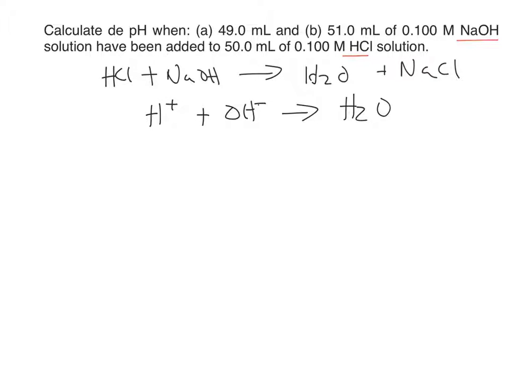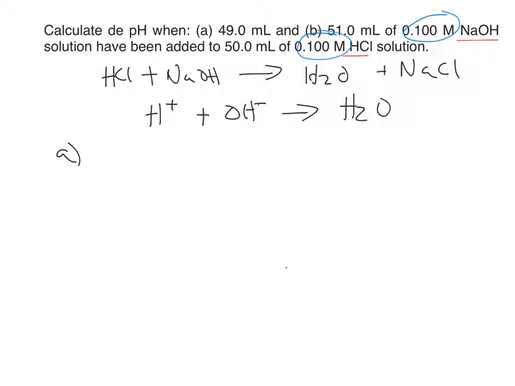We need to calculate the pH at 2 points during this titration. One of them is point A, when we add 49 mL of sodium hydroxide to 50 mL of the HCl. We can see that both concentrations of sodium hydroxide and HCl are the same, and also this reaction is 1-to-1 in the stoichiometry.